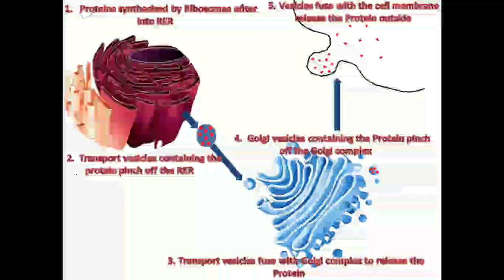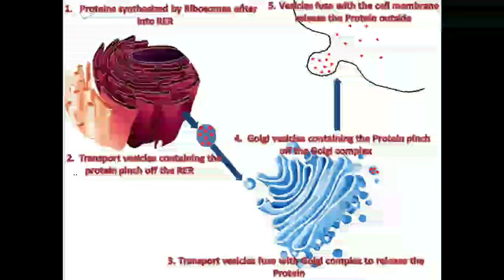After this, when the proteins are properly folded and modified, these proteins are packed into transport vesicles. These transport vesicles pinch off the RER. And then these transport vesicles come and fuse with Golgi apparatus, and transport their enclosed protein to the Golgi apparatus or Golgi complex.